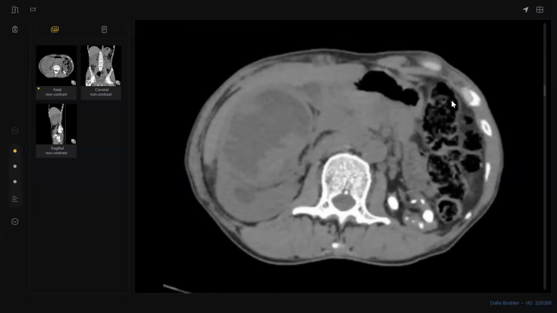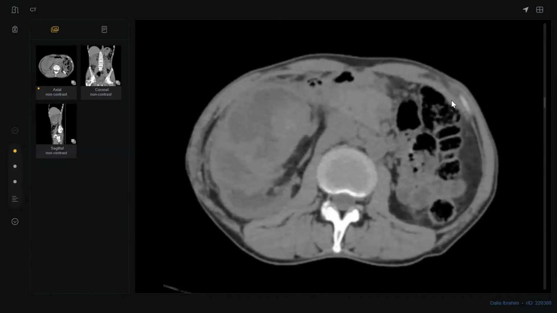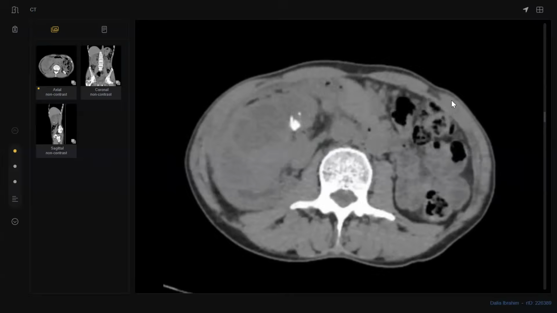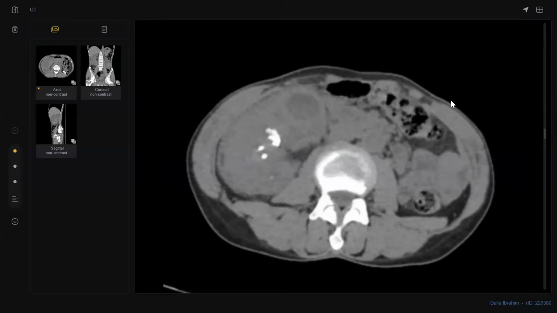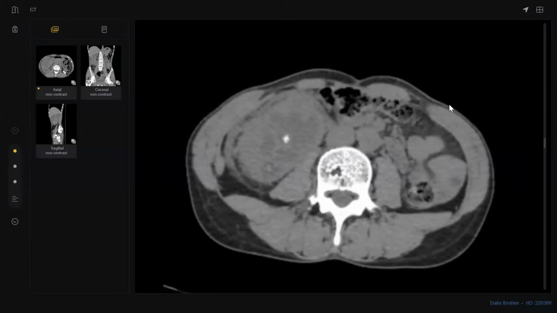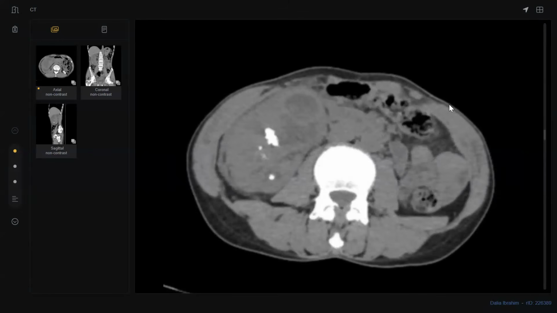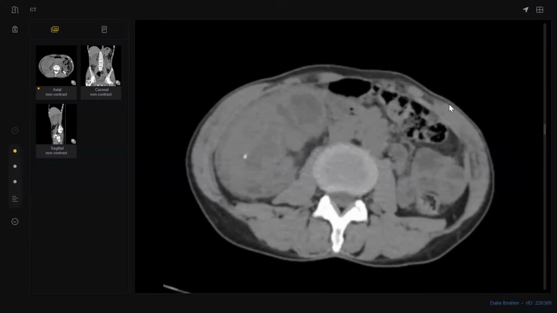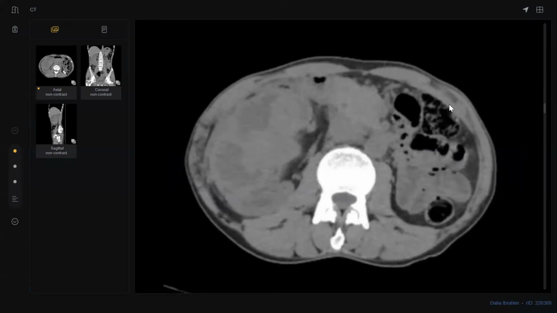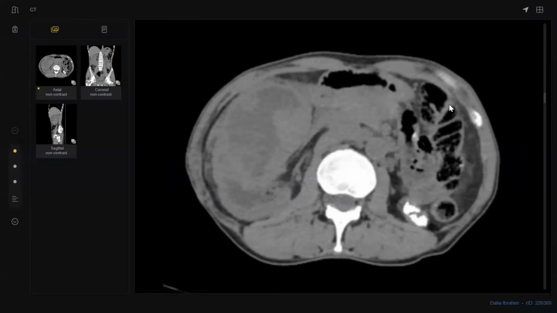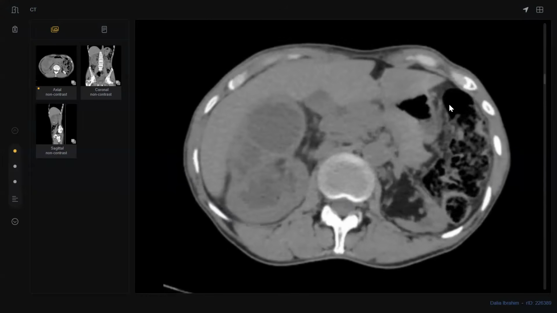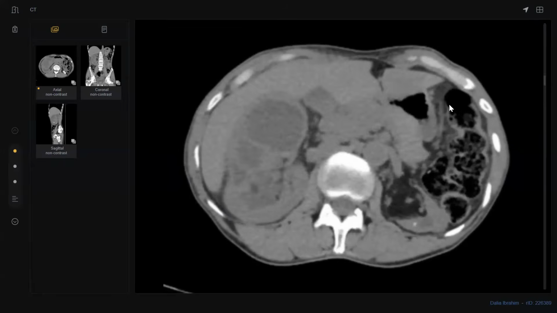I'm trying to find any association of the stone. It is not a staghorn stone. This is scattered through the calyces of the kidney. The left kidney also appears small in size, showing multiple stones.